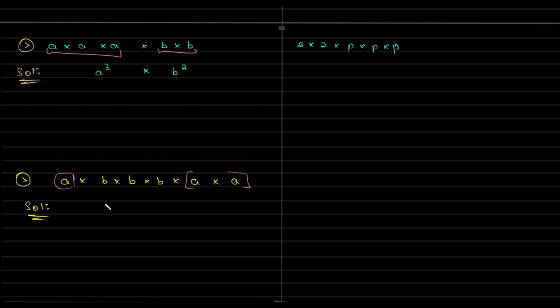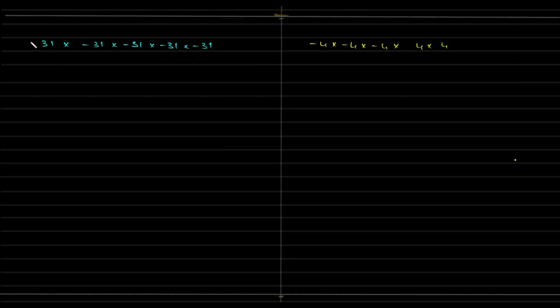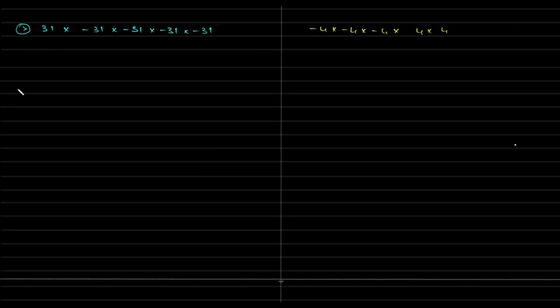But even then, because of the commutative property of multiplication, we can take it as a cube and b cube. That's it. Okay. So here I have a combination of numbers and variables. Please pause and write all of it. So here you have 2 cube into p cube. Done. Now again try the next two questions.